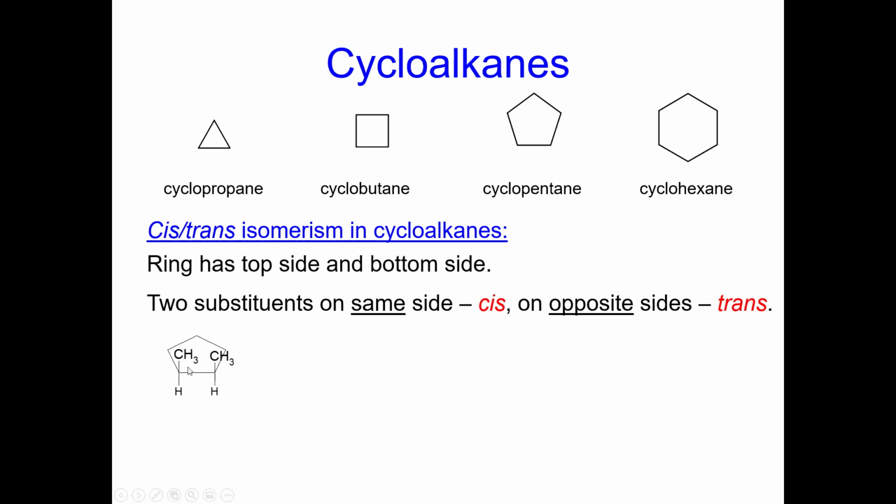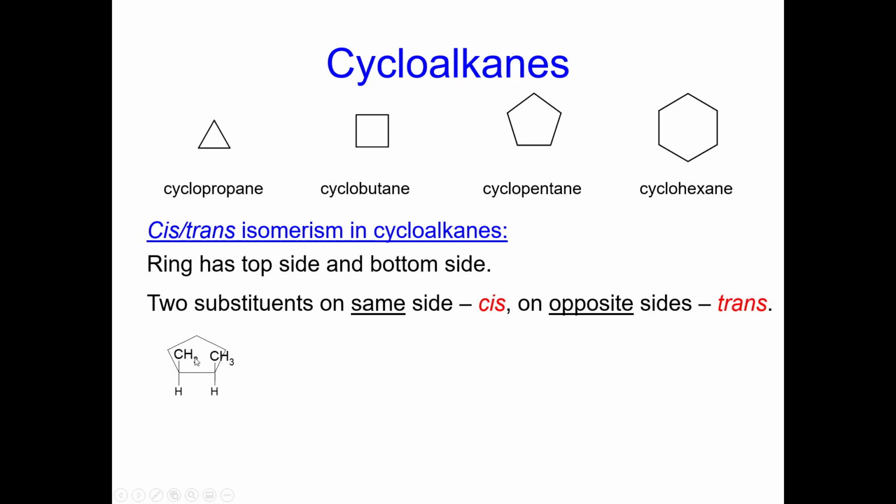So if we do that, we can see in this case we have cyclopentane as our root structure essentially here. And again, if we think of this as existing in a 3D space, on the bottom of the ring we have 2 hydrogens, and on the top of the ring we have 2 methyl groups.